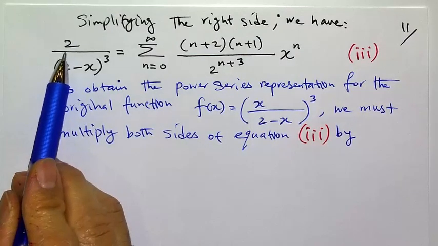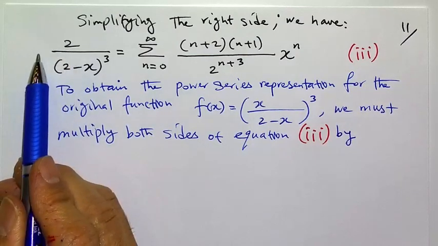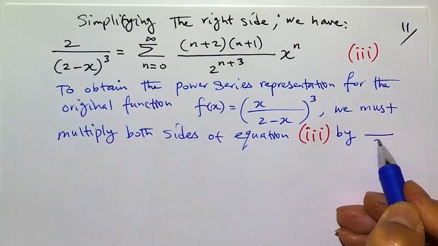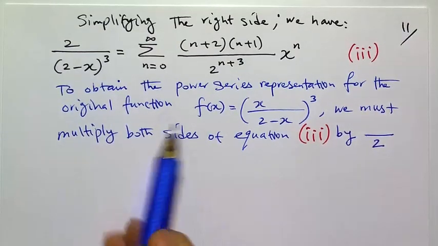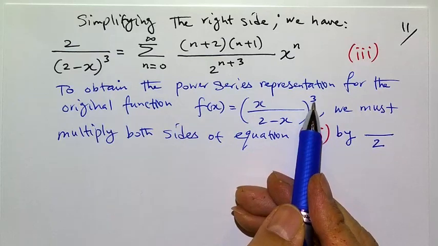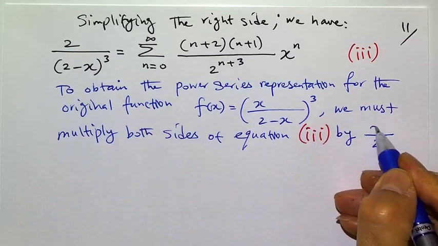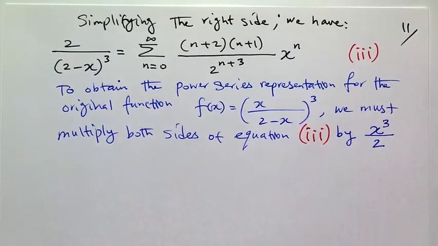We have this, right? So we need to get rid of the 2, so we should have a factor that has 2 in the denominator. We want x cubed, so we should have x cubed in the numerator. Okay? All right, so let's do that.